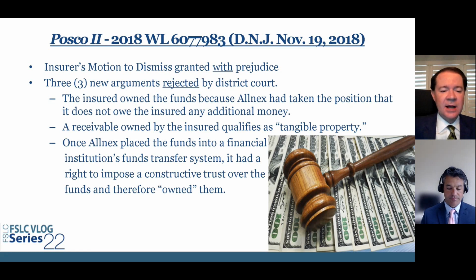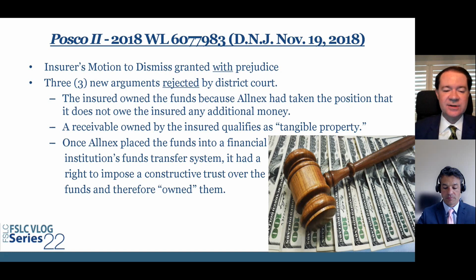And finally, the insured argued that once the vendor placed the funds into its bank's funds transfer system, it had a right to impose a constructive trust over them and therefore owned them. The court found that argument was too far afield and ultimately held in favor of the insurer, finding that a traditional crime policy does not cover reverse social engineering.